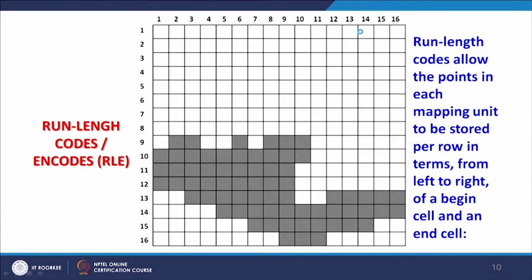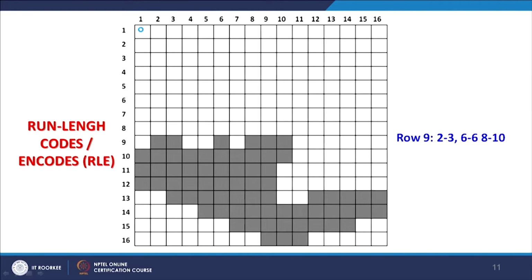If we run, this is how it is going to have, that it allows the points in each mapping unit, and mapping units are over here the cell, this one like this individual cell mapping units, and these are stored per row. So, row by row, and that is why run length. So, running along the length of the row and from left of course to right of a begin cell and then end cell, and likewise coding will be performed.